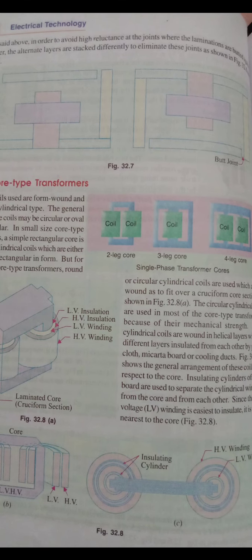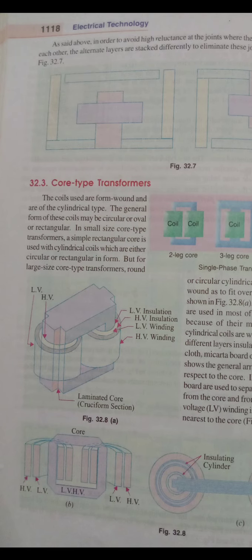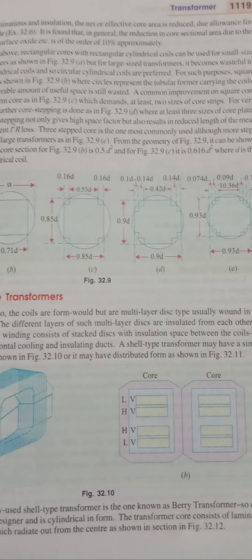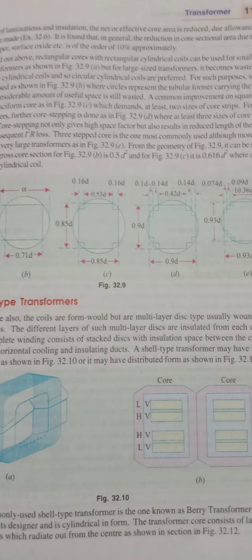In the core type, HV and LV coils are wound on insulating cylindrical cores. In the shell type, the coils are inside and the core covers them from the outside.